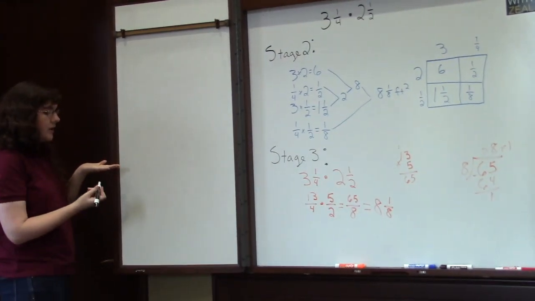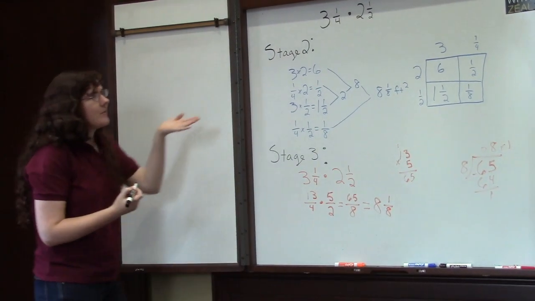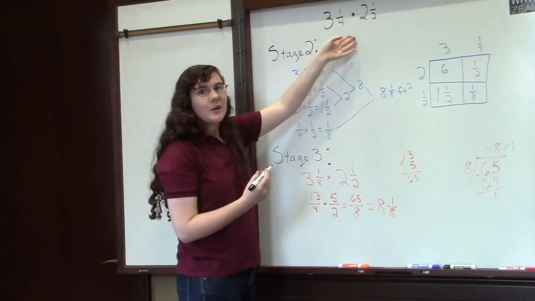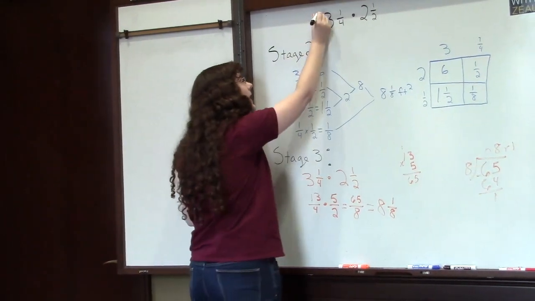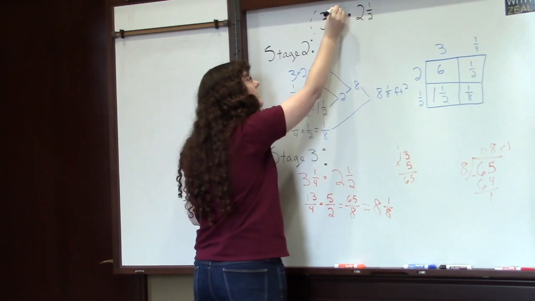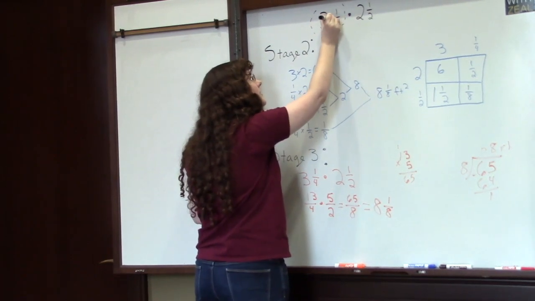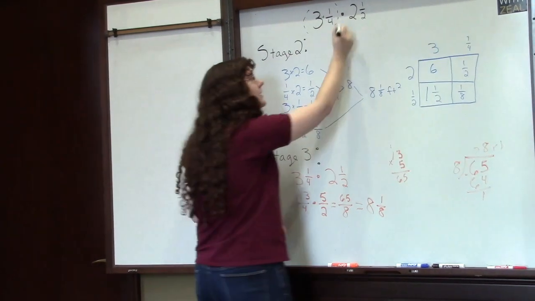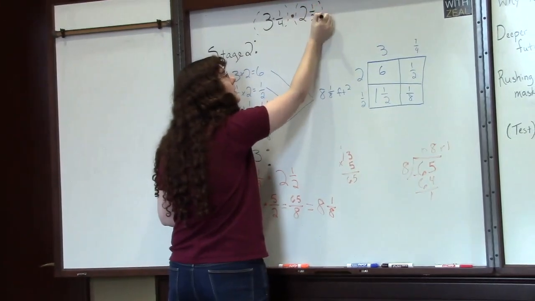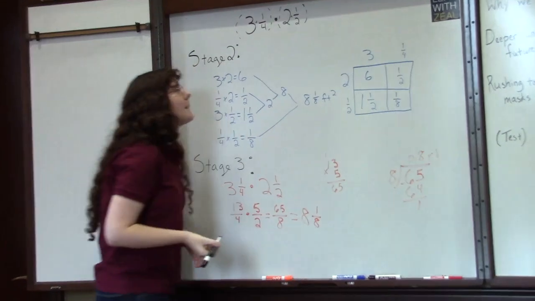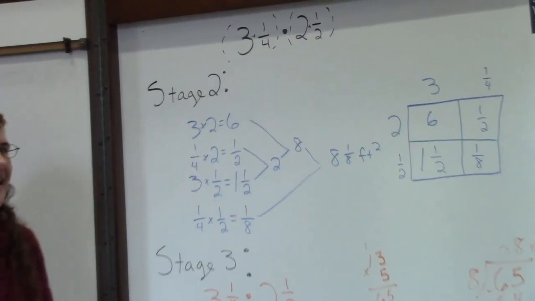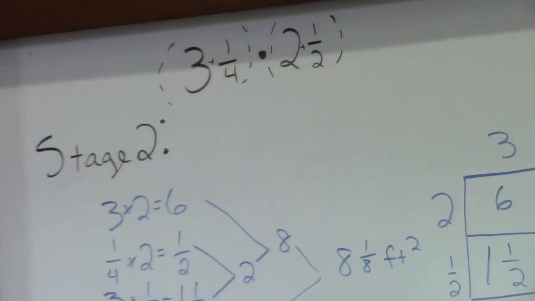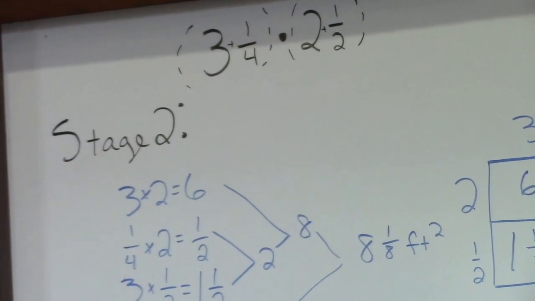For example, you might realize that 3 and a fourth, technically speaking, is 3 plus a fourth, times 2 plus a half.